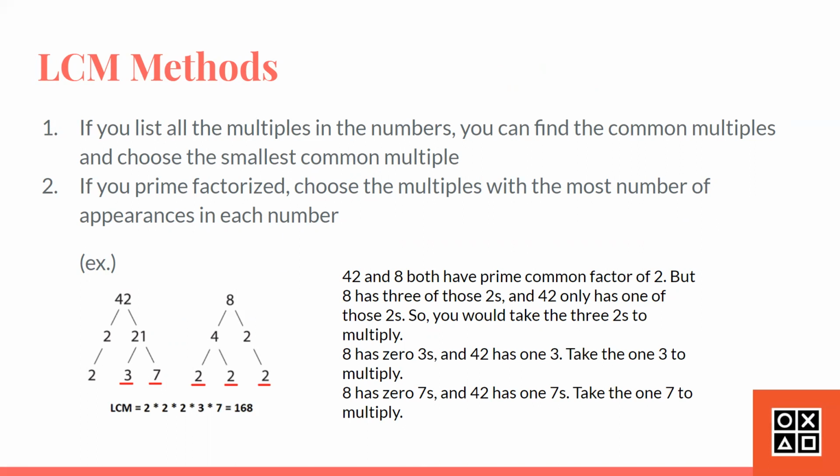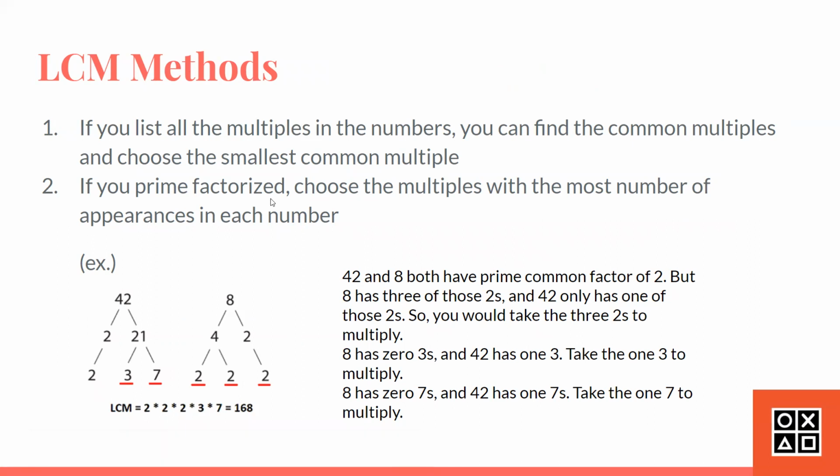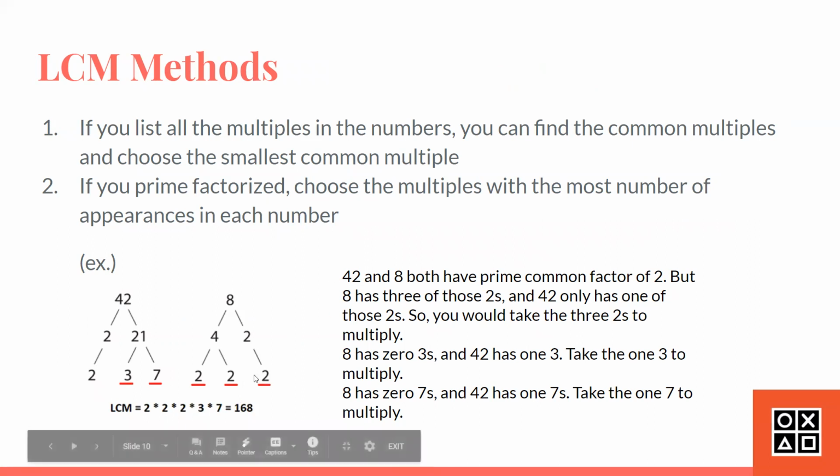So 42 and 8: if you prime factorize both of them, you get 2, 3, 7 for 42, and 2, 2, and 2 for 8. So 42 and 8 both have the prime factor 2, but 8 has 3 of those 2s, while 42 only has 1.